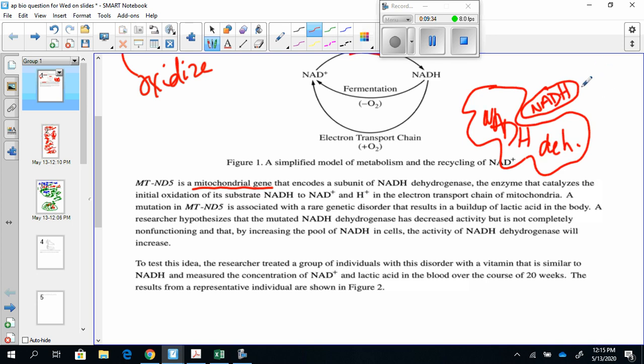And when it works, it would change this to NAD plus, an H plus, and electrons. That's really the job of oxidation. So NADH dehydrogenase does oxidation of NADH into NAD plus.